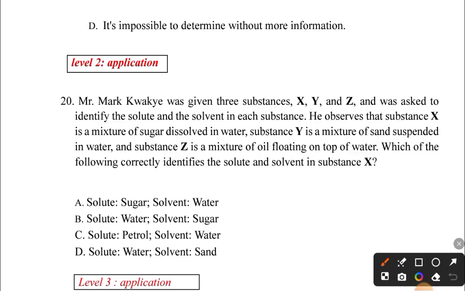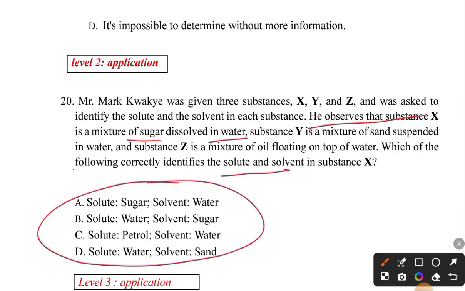And substance Z is a mixture of oil floating on top of water. Which of the following correctly identifies the solute and solvent of substance X? So he observes that substance X is a mixture of what? Sugar and water. So which of these is correct?